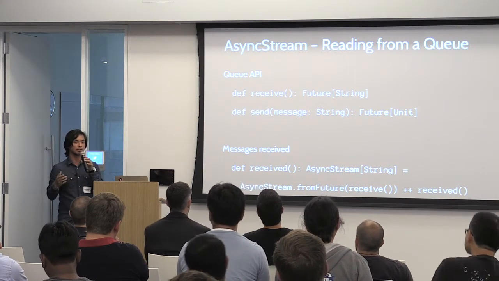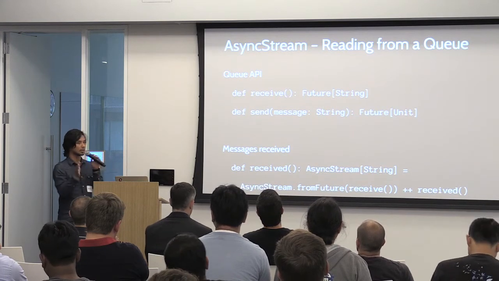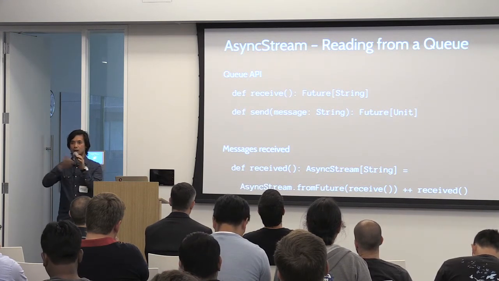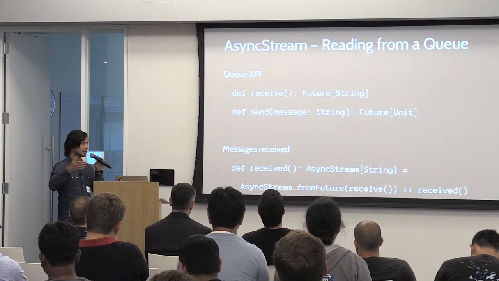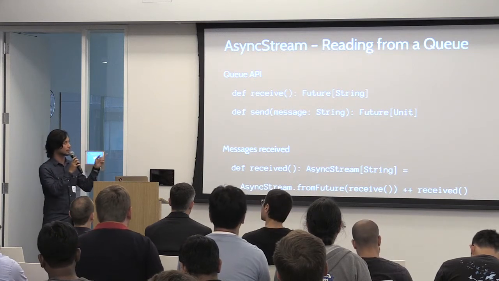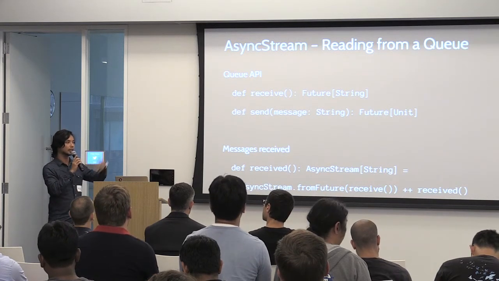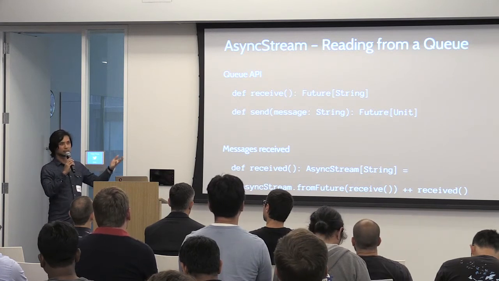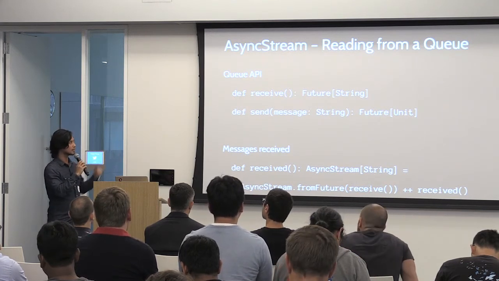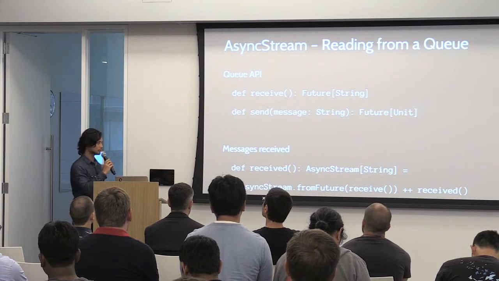So you can imagine that an async stream is just a bunch of these operations sequenced. You can turn any sort of reading from a socket or, I don't know, reading from a queue like this into a stream.